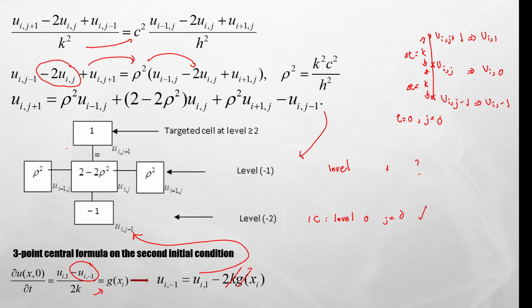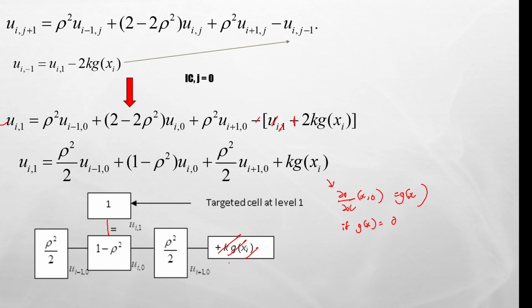That's why this term, negative 1 brought to the left side, becomes 2 times. So all the coefficients here you have to divide by 2. That's why you obtain rho squared over 2, this becomes 1 minus rho squared, and this becomes rho squared over 2. This is what you have here. If g(x) is 0, then you don't have this term. If g(x) is not 0, then you have to add plus k g(x).